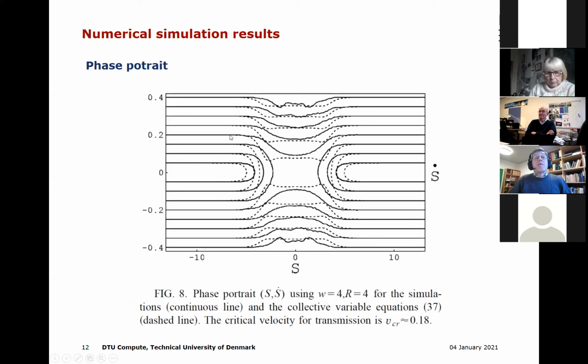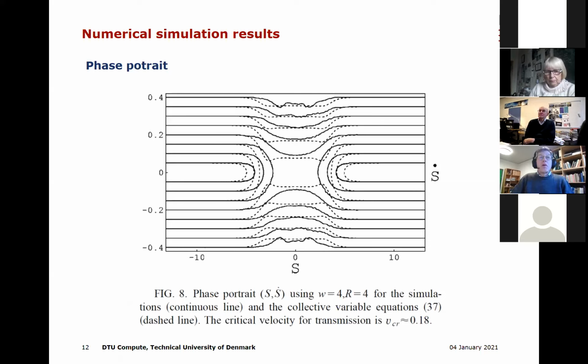And one nice feature is that they somehow predict for which velocities you have reflection and which velocities you have transmission. It is close to 0.2, this critical velocity between reflection and transmission, and the full numerical analysis and the collective coordinate analysis actually predicted very close to the same critical point.